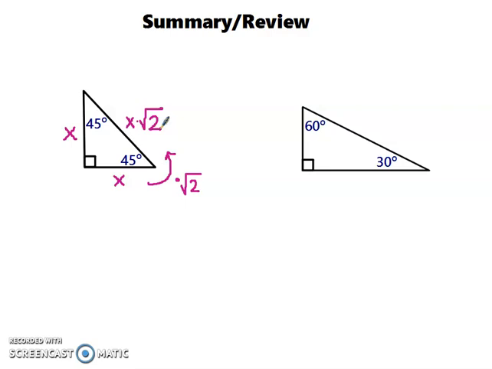On a 30, 60, 90, I much prefer to have this short leg figured out because once I know that, I can multiply to get the longer leg and the hypotenuse: multiply by 2 to get the biggest guy, and multiply by the square root of 3 to get the medium one. And if you find yourself needing to go backwards, then you just divide by the square root of 3 or divide by 2.